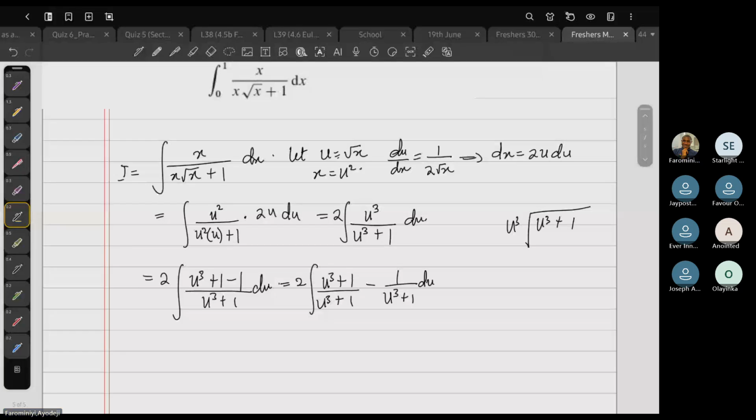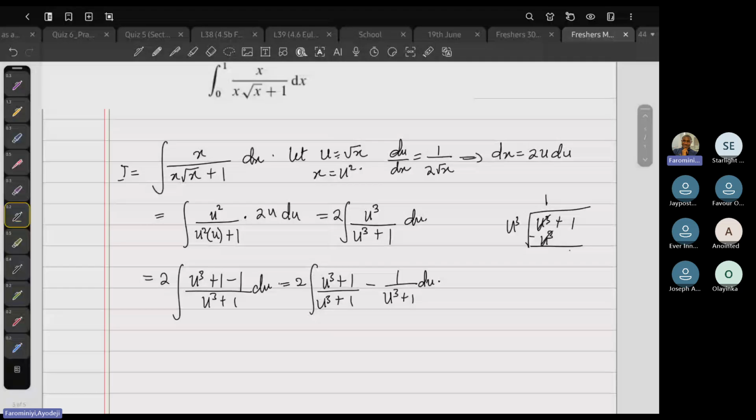If we were to use the long division, this will be u cubed in u cubed, 1. 1 times u cubed. We subtract, we get 1, right? So u cubed in u cubed, 1, 1 times u cubed is u cubed.